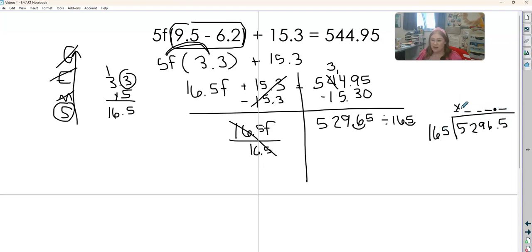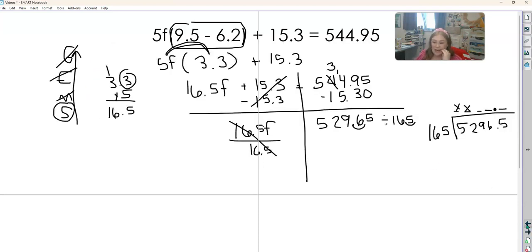I can see it can't go into 5, can't go into 2, so I'm seeing how many times it goes into 529. It's really not a super hard problem when we just walk ourselves through it. But we had to move this decimal and move this decimal to match up. So follow order of operations to simplify, then work backwards to solve for the variable.